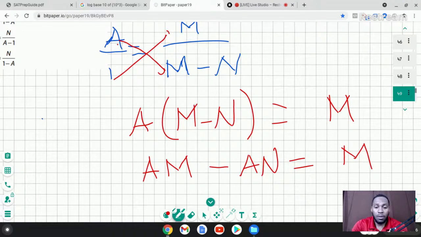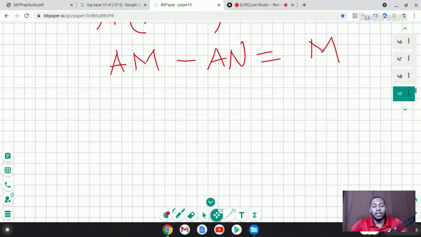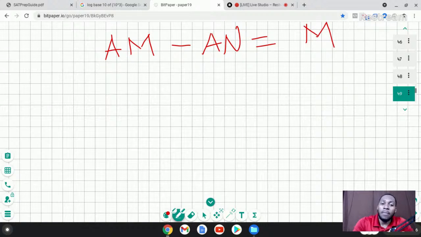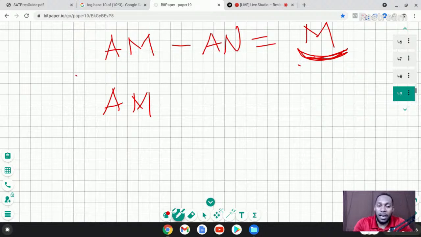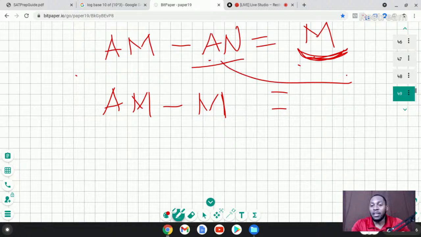So what I'll do here is say, okay, I have this m here. I'm going to move it from one side to this side, which means it changes sign. And then I have this an, I'm going to move it here, and that means this changes sign.